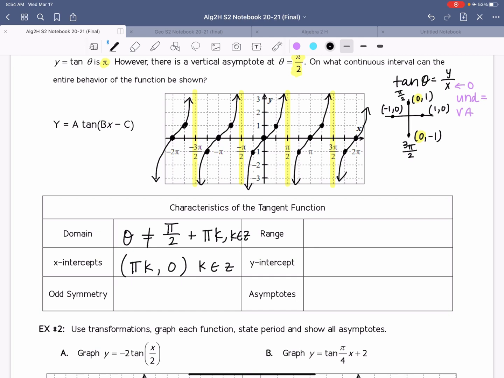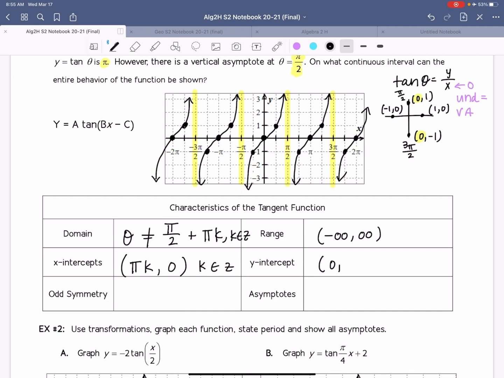Okay, now let's talk about our range. So our range is our y's. This is coming from negative infinity, and then it's going to keep going towards infinity. So my range is just from negative infinity to positive infinity. And then my y-intercept would be right here at 0, 0.